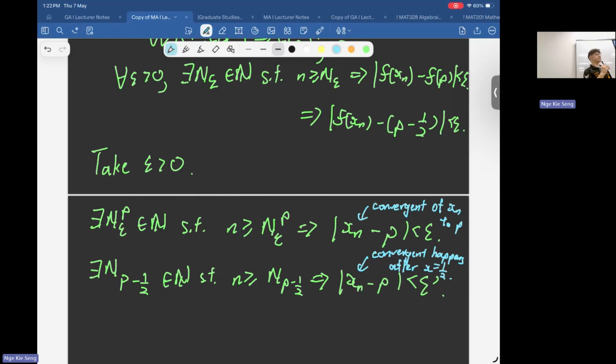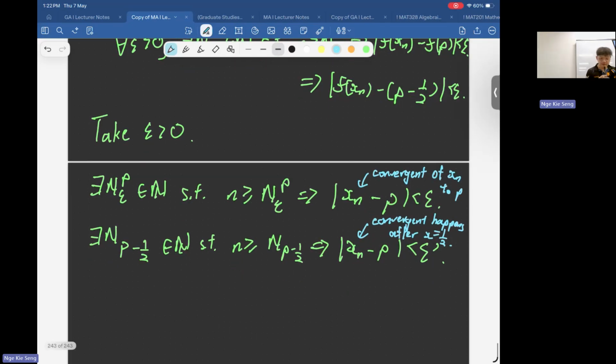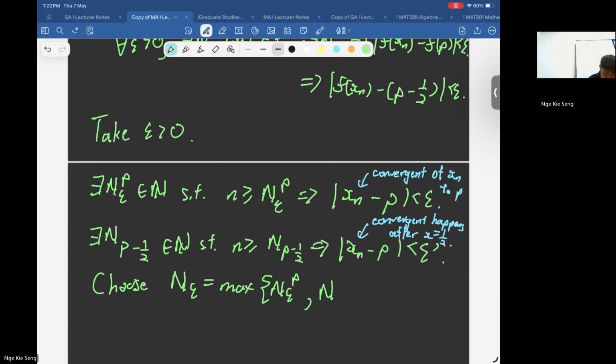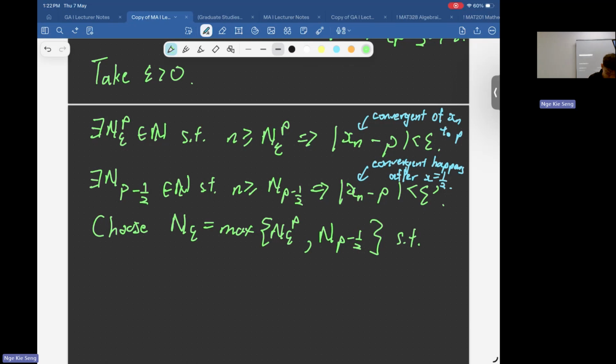Does it make sense? Later I'll show you why we do this. Then we can choose N epsilon equal to the maximum of these two, such that for all n greater than this N epsilon, we can finally compute this.